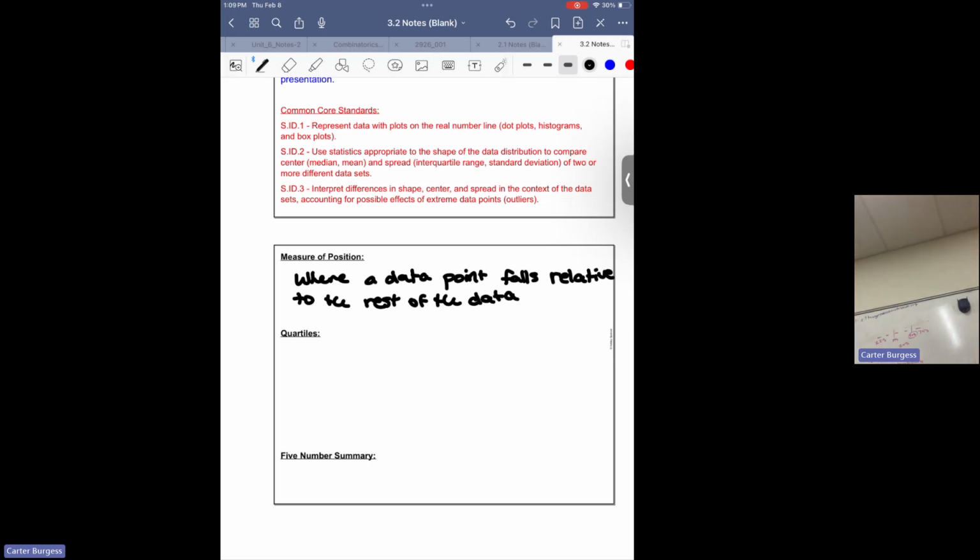We're going to see three different ways that we can describe the position of data. We're going to focus on two of them today, which are really the same thing. In fact, the words that I will use to describe particularly quartiles are going to be in terms of the other one, which are percentiles. But we'll address all of that in time.